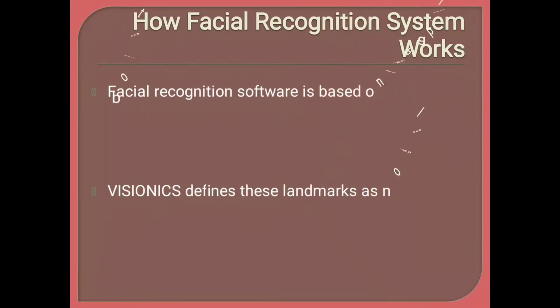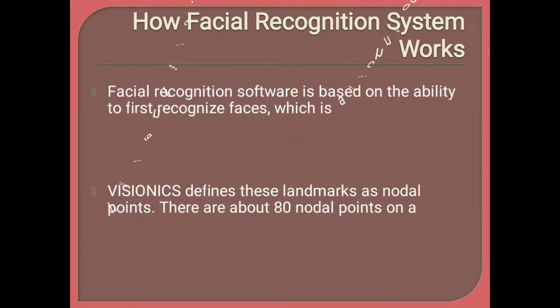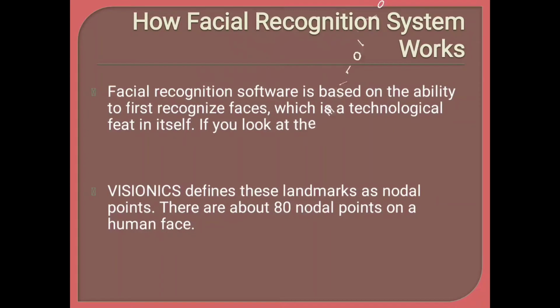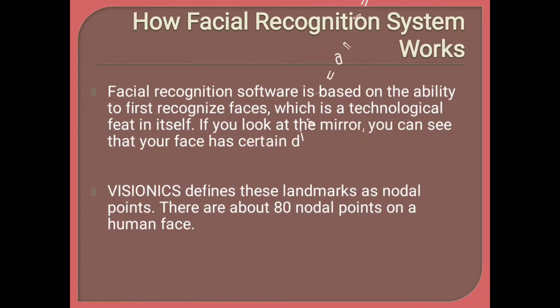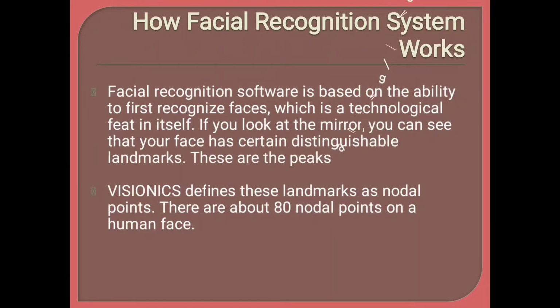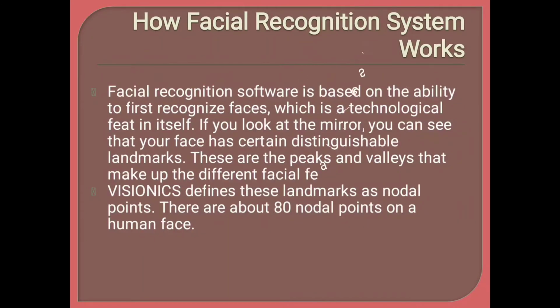How a facial recognition system works. Facial recognition software is based on the ability to first recognize faces, which is a technological feat in itself. If you look in the mirror, you can see that your face has certain distinguishable landmarks. These are the peaks and valleys that make up the different facial features.